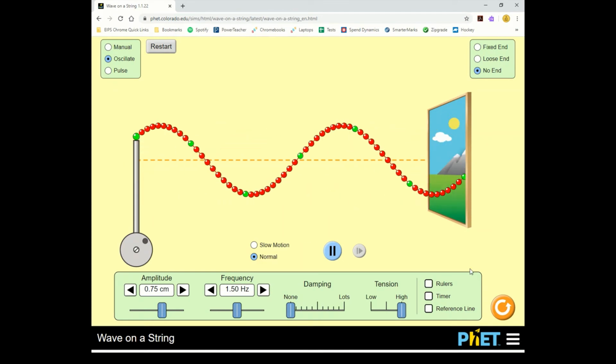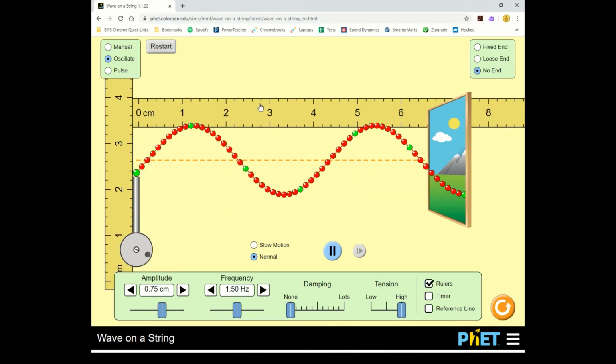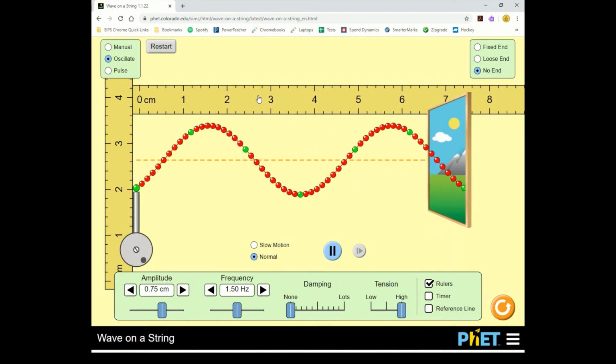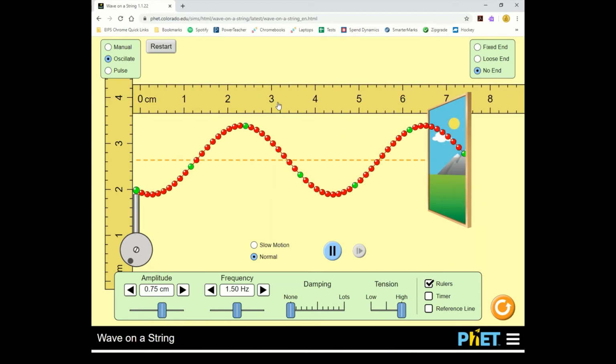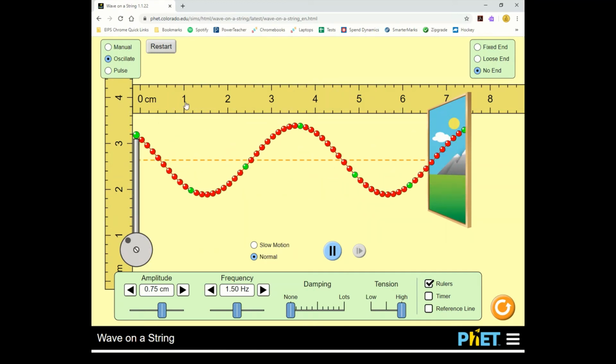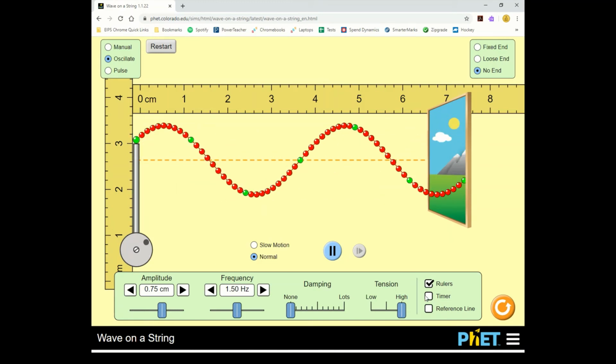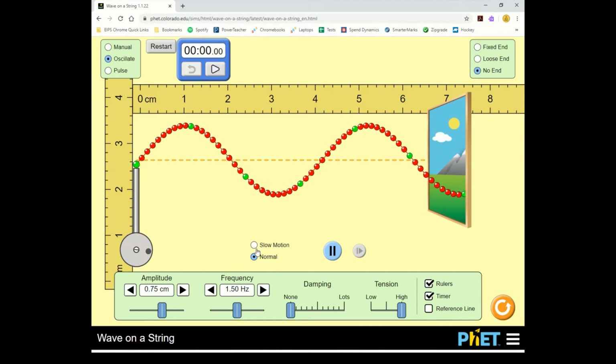So what I can do is add a ruler here, and we're going to measure to the 6 centimeter mark, and we have a timer here, and we can slow things down.